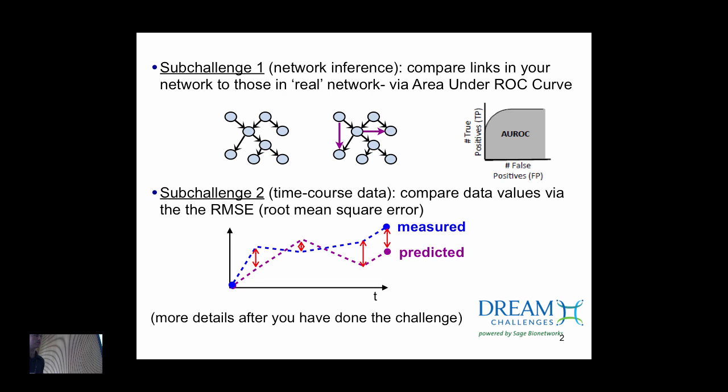And in this case, just very briefly, what you do is measure the distance between each of the time points, and that's what gives you your distance to the gold standard, right? So the predicted is the one in kind of pinkish violet, and the blue is the measure.